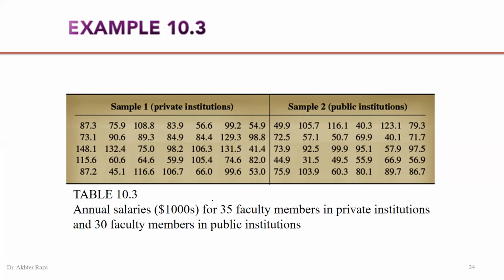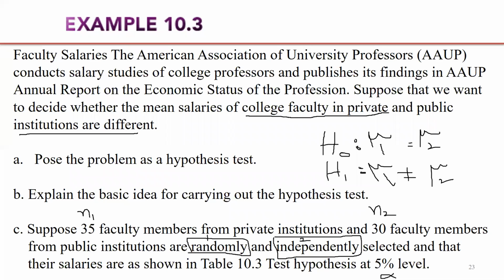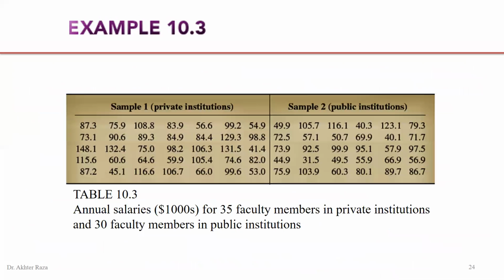Assumption number 3 was that the samples are large or the populations are normal. It is not stated that the populations are normal, but we have a sample size of 35 and a sample size of 30.